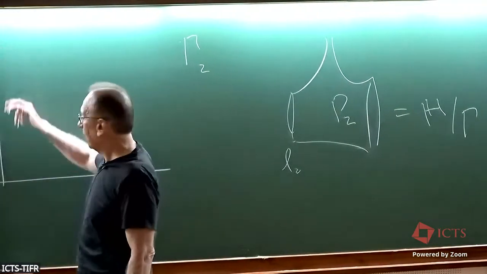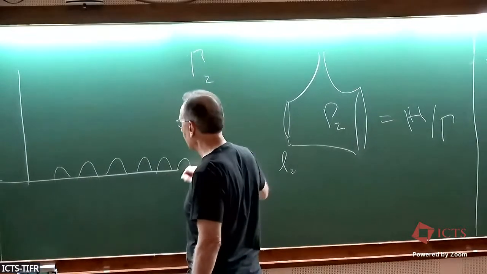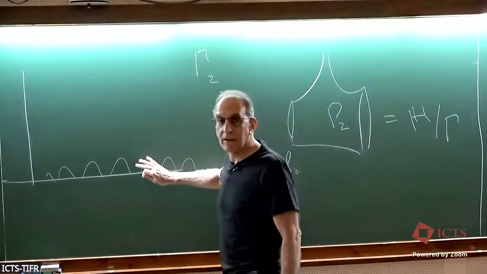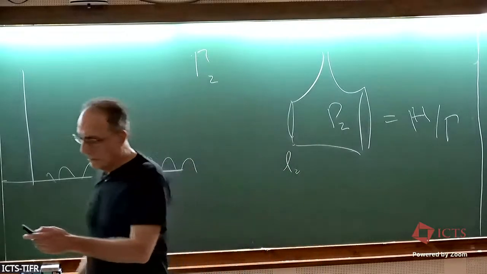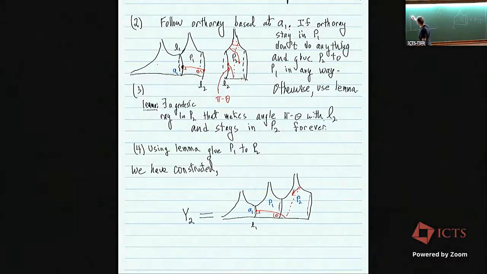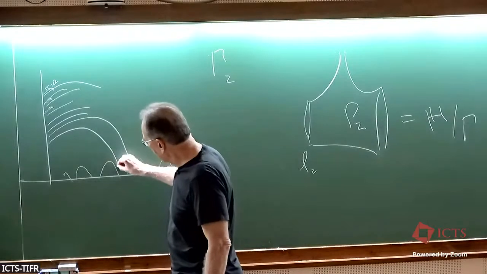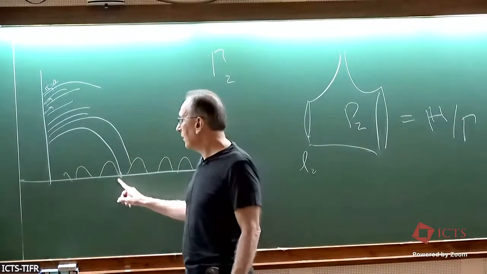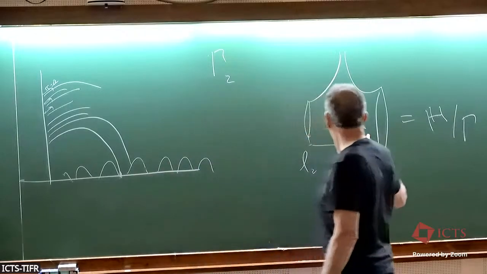Here's the lift, and then there are all these other lifts of these boundary curves. You're giving me an angle, the complementary angle to theta, so pi minus theta. Look at all the orthogeodesics that make an angle pi minus theta here and start from here. Some of them hit the boundary. We don't want those. But some of them hit the limit set at infinity. Those guys never escape P2.